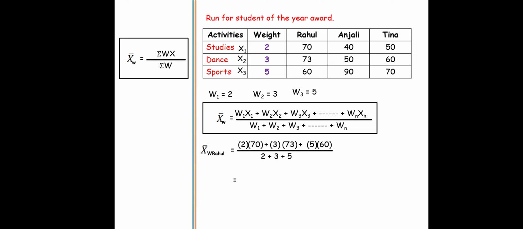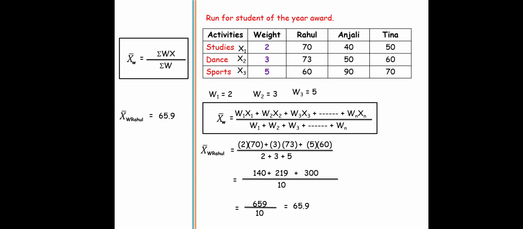Now solve it. 2 into 70 is 140, plus 3 into 73 is 219, plus 5 into 60 is 300, divided by 2 plus 3 plus 5, that is 10. 140 plus 219 plus 300 is 659, divided by 10, that is 65.9. So the weighted mean of Rahul is 65.9.